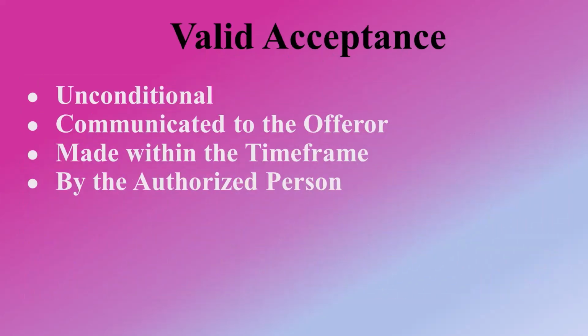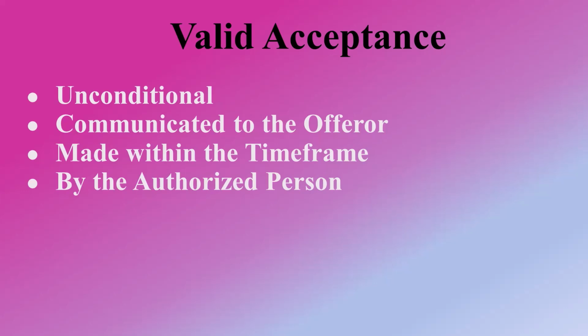For an acceptance to be valid, it must meet the following criteria. First, it should be unconditional. The acceptance must mirror the terms of the offer without making any modifications. Second, the acceptance should be communicated to the offerer. The offerer must be made aware of the acceptance.